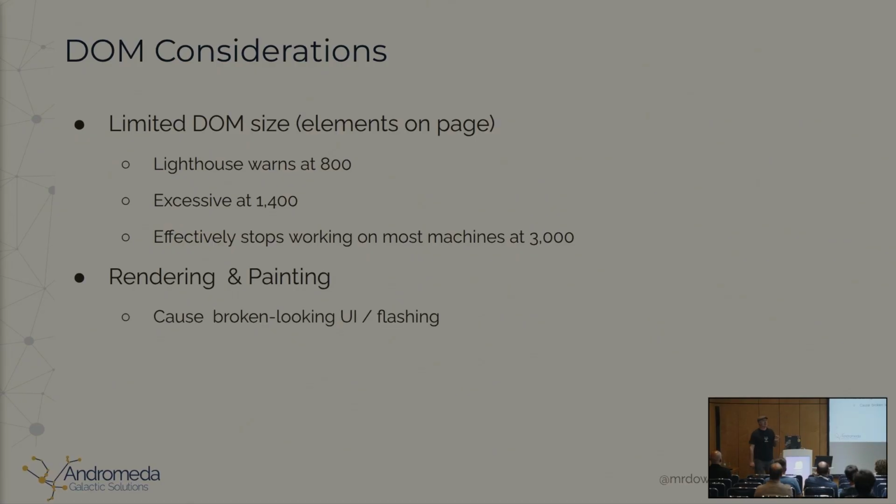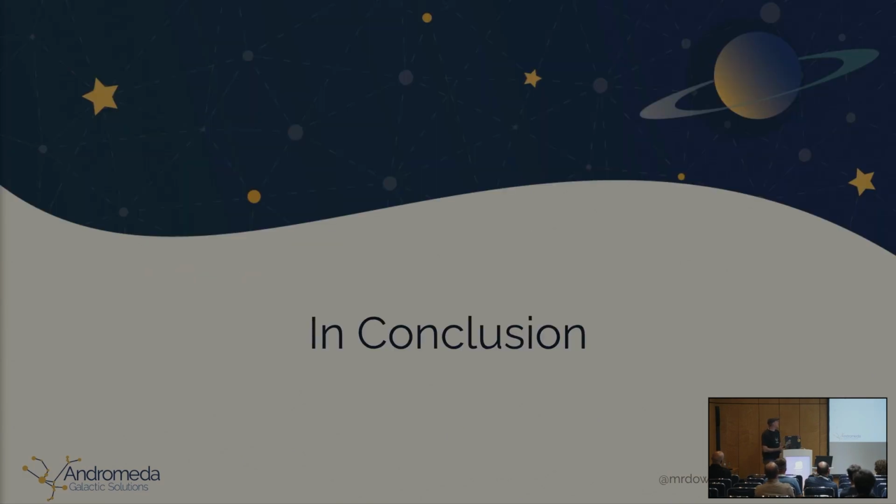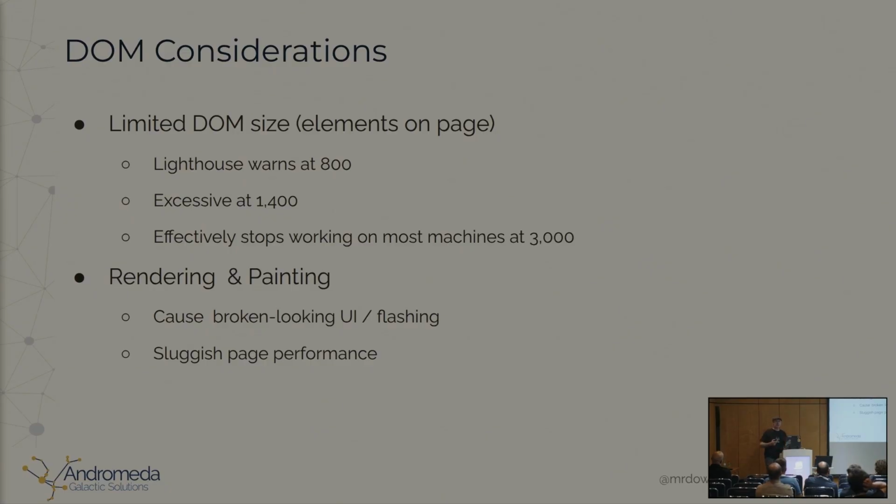You've got to think about things like rendering and painting. How quickly am I turning around and changing things? How often am I painting? When do I cause page performance issues based upon the way I'm doing algorithm updates?